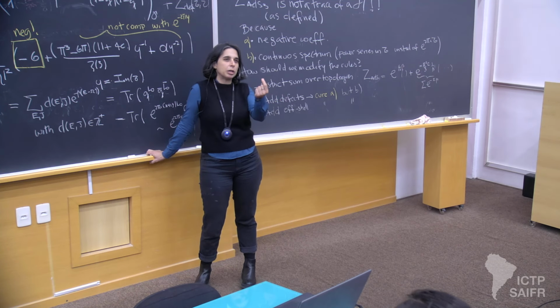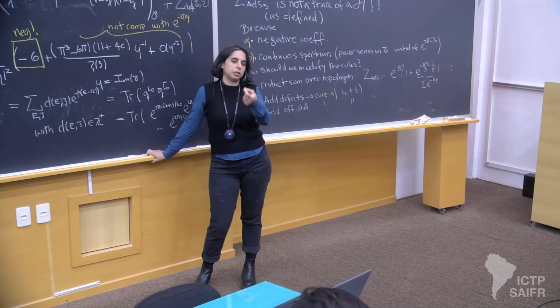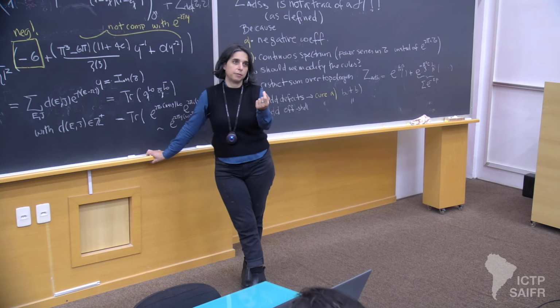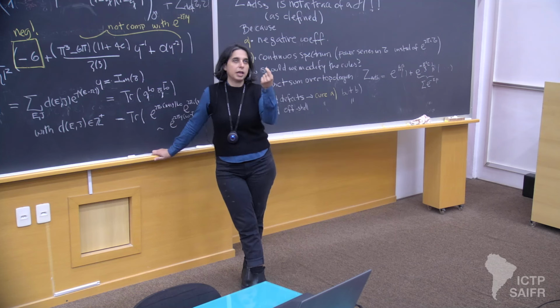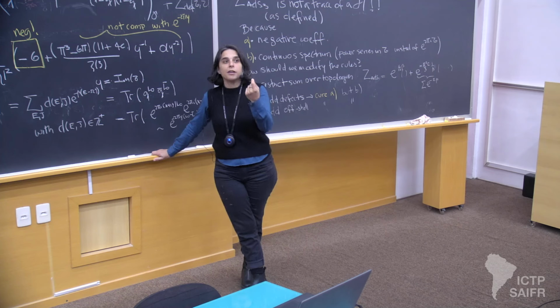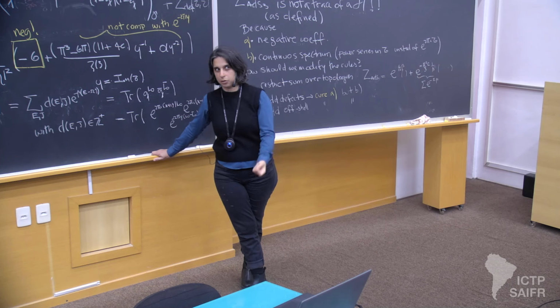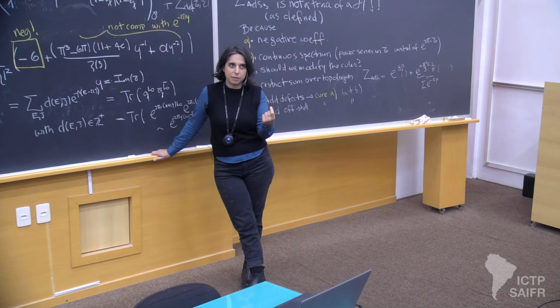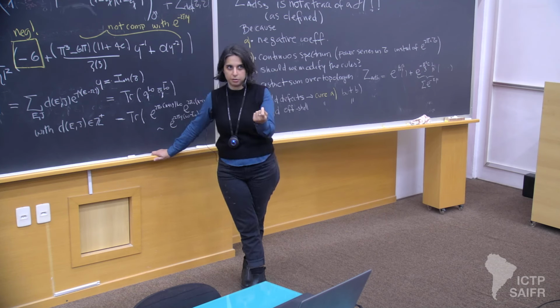If you add a point particle to the Einstein-Hilbert action, a point particle will induce a defect in the geometry. So the lesson you're getting out of this is that gravity coupled to matter might have the possibility of being a good quantum theory, but gravity by itself would not.